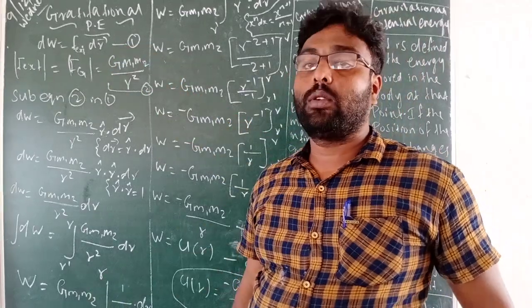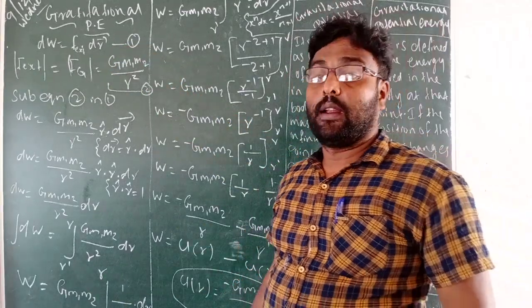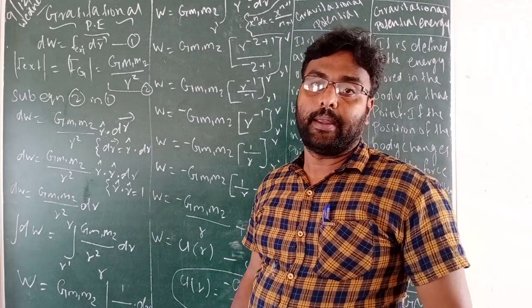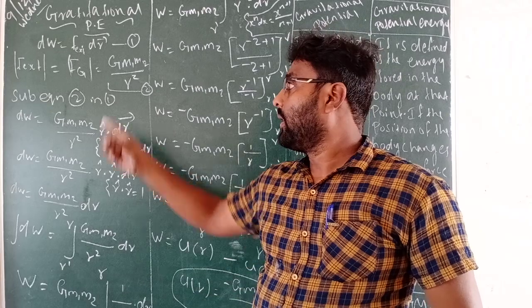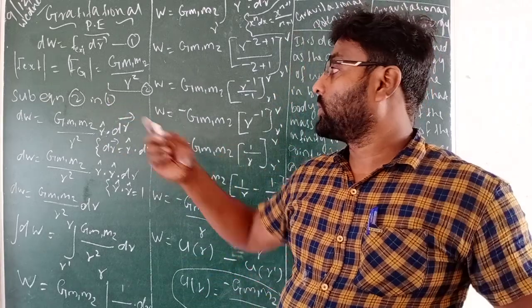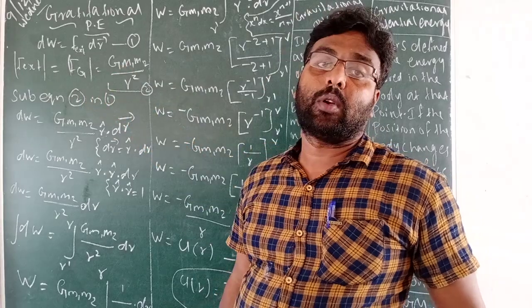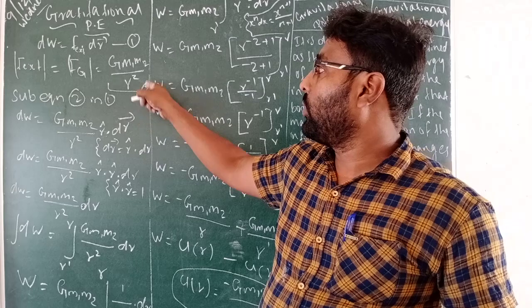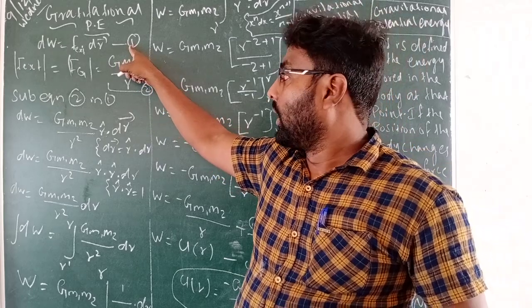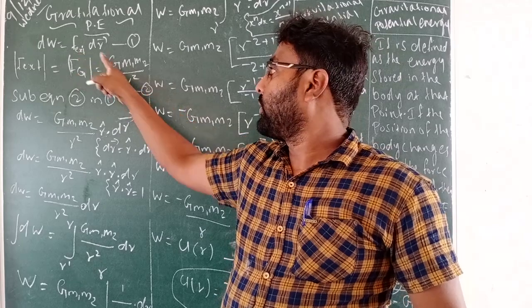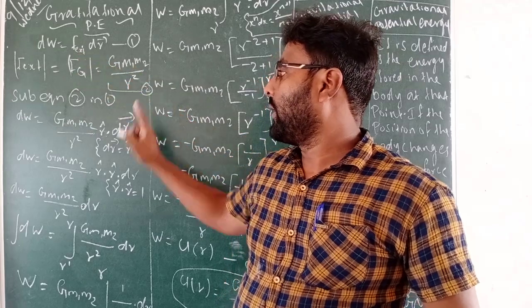So that one we are writing. Work done is equal to, we know the basic formula, external force F dot dr. W is equal to F into d. Here the force is gravitational force. So gravitational force is Gm1M2 by R square. So substituting this equation 2 in equation 1, instead of this external force F, Gm1M2 by R square.